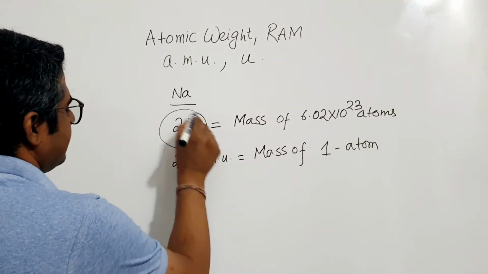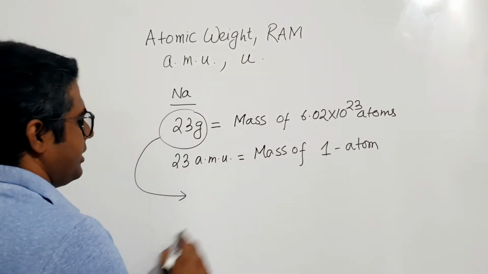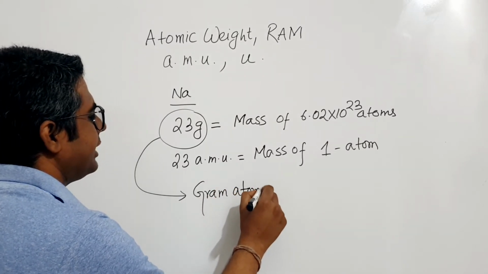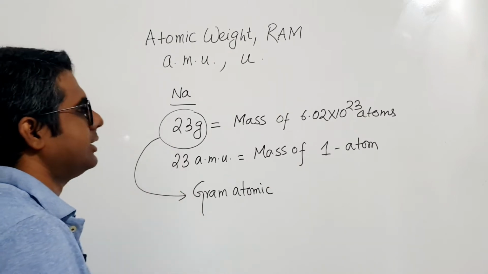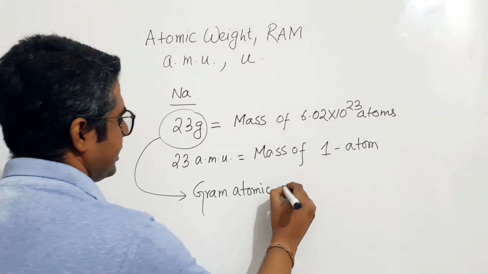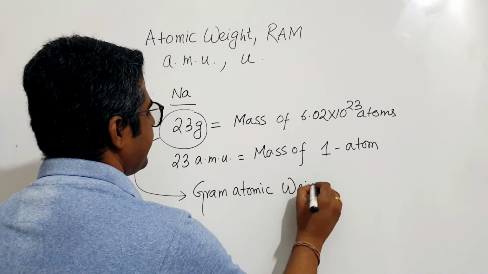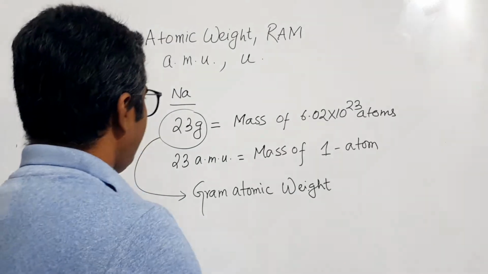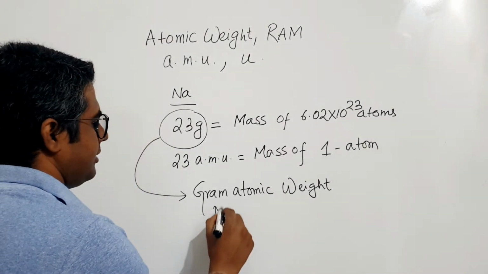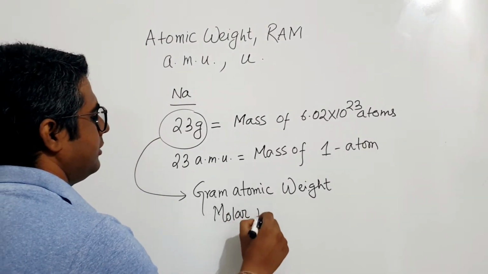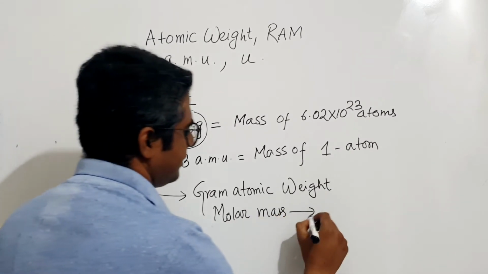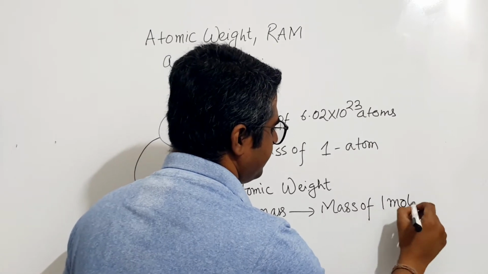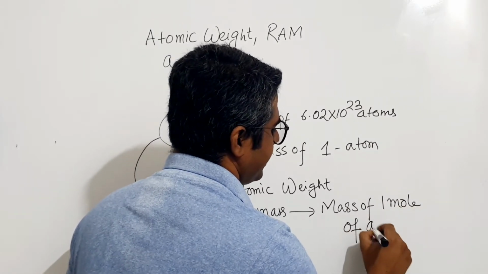This mass many times is also mentioned as gram atomic weight. So, atomic weight is necessarily a misnomer. When I use it in grams, it should be mentioned as gram atomic weight or gram atomic mass. You can also say this as molar mass, that is, the mass of 1 mole of a substance.